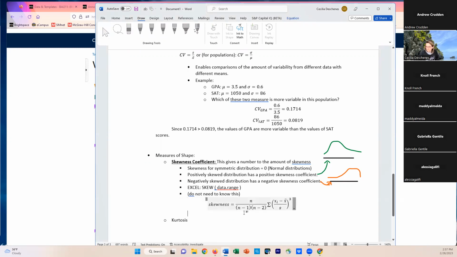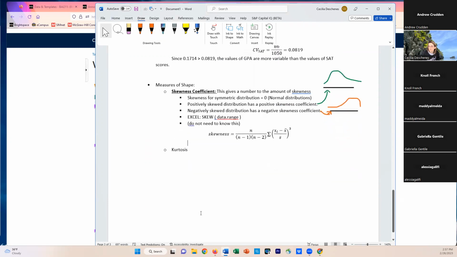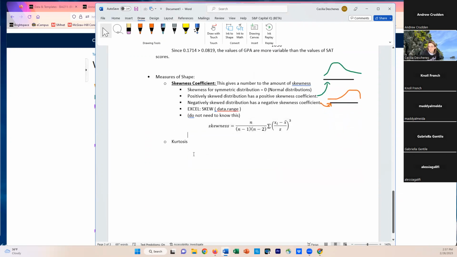It involves the sample size, the difference from the mean divided by the standard deviation, and that quantity cubed. So that's what's going on with that skewness coefficient, and that gives you a measure of that.